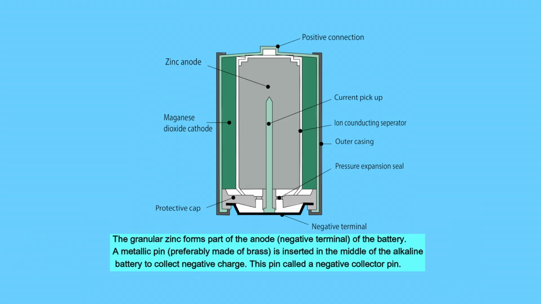The granular zinc forms part of the anode or negative terminal of the battery. A metallic pin, preferably made of brass, is inserted in the middle of the alkaline battery to collect negative charge. This pin is called a negative collector pin.